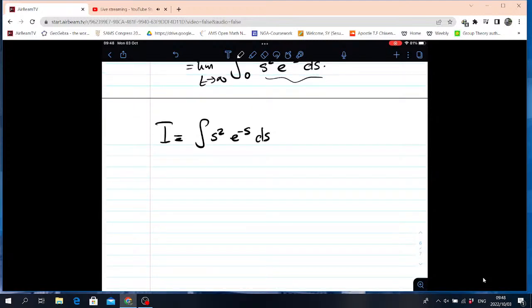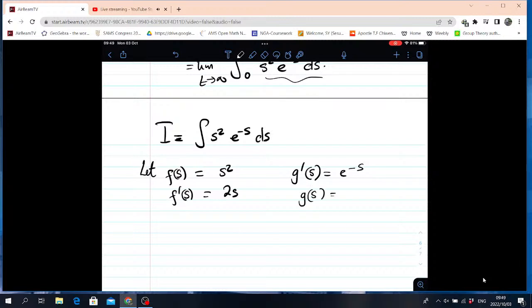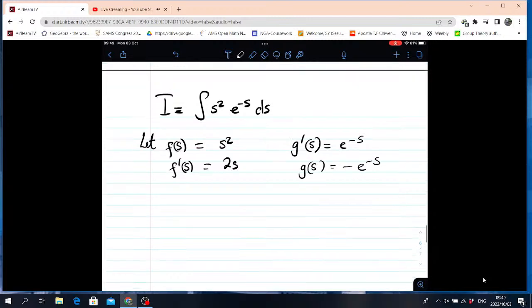Right, so we'll say let f of s be equal to s squared, and f prime of s would be equal to 2s, and let g prime of s be e to the minus s. And g of s, we integrate that, we get minus e to the minus s.